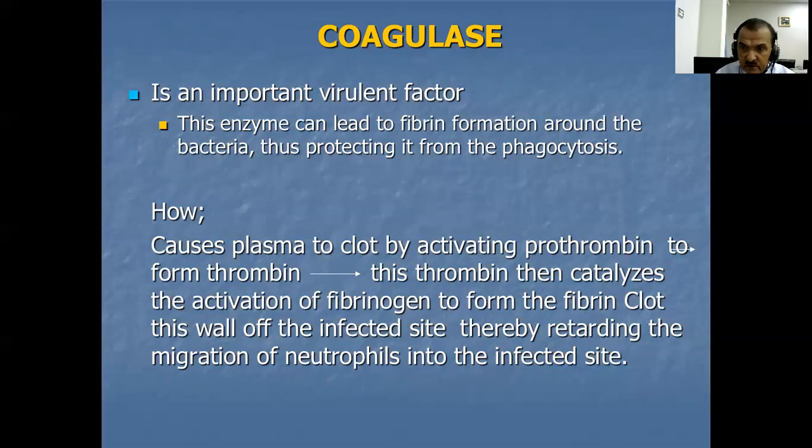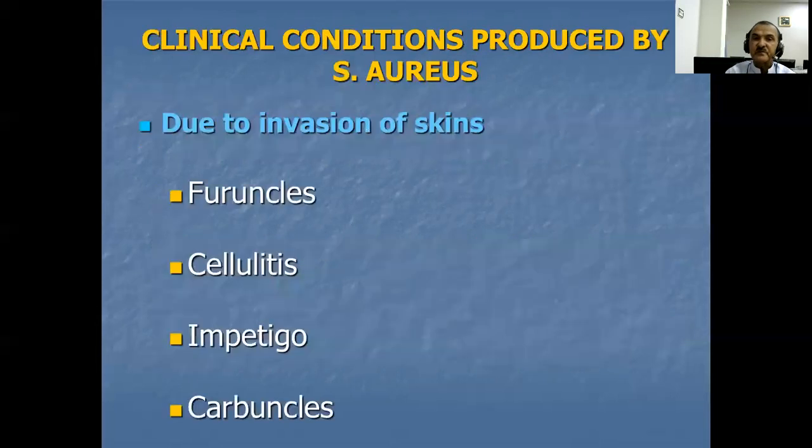This thrombin then catalyzes the activation of fibrinogen to form fibrin clots. This walls off the infected site, thereby retarding the migration of the neutrophils into the infected site, or the chemotaxis of the neutrophils.